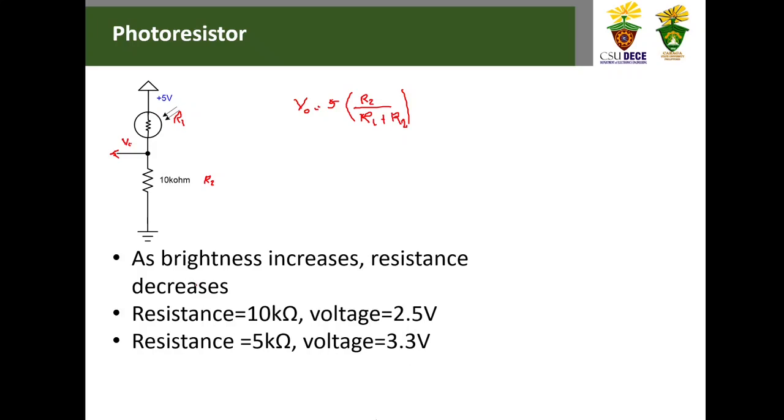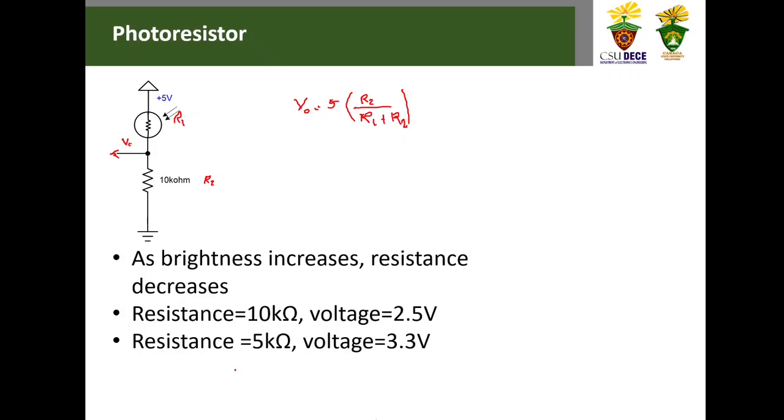So measuring the voltage here at the V out that is connected to our microcontroller, let's say the resistance measured in our photoresistor, as brightness decreases, our resistance increases. So just substitute: 5 times the fixed R2, 10 kilo ohms, and the resistance of the photoresistor is also 10 kilo ohms, so we have 5 times 10 over 10 plus 10, which is 2.5.